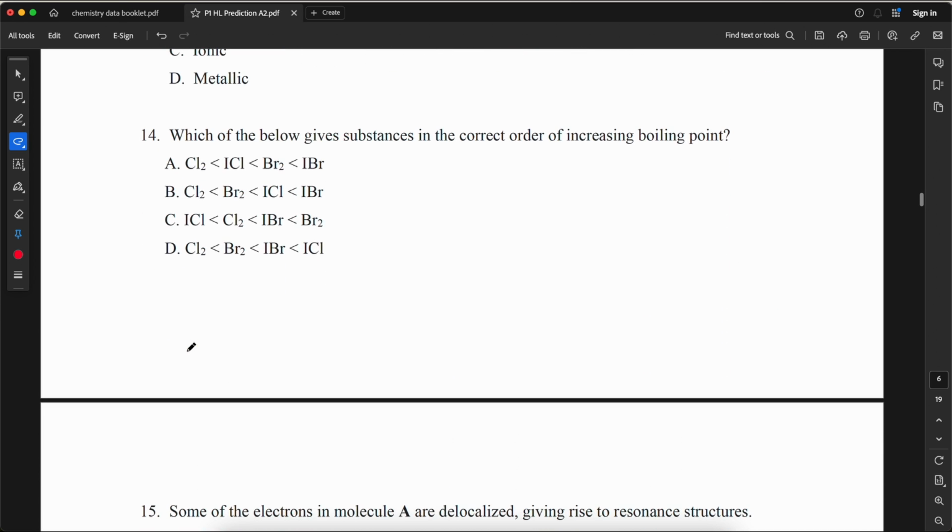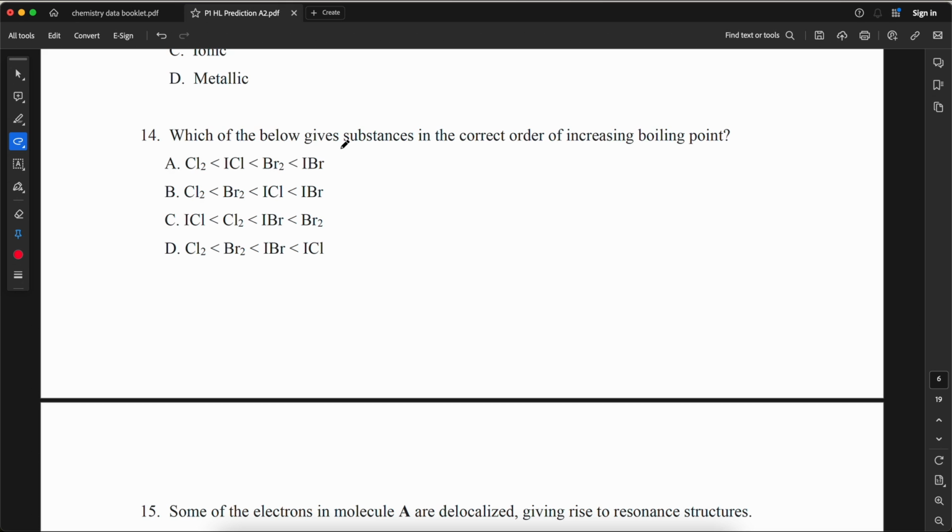Which of the below gives the substances in the correct order of increasing boiling point? The key here is that the greater the molecular mass, the greater the London dispersion force. Cl2, Br2 have London dispersion forces, and IBr as well, due to the electronegativity difference.